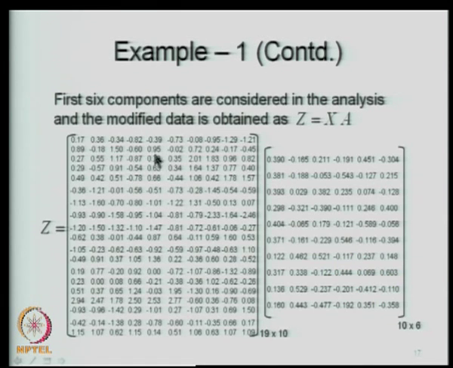So, this is your 19 by 10 matrix and this is 10 by 6. So, we obtain a matrix of 19 by 6 for Z, that will be n by p, and now this p is restricted to 6.